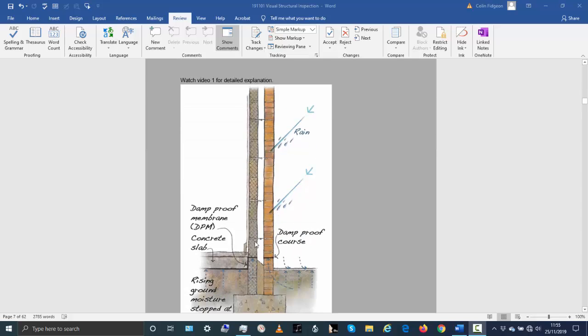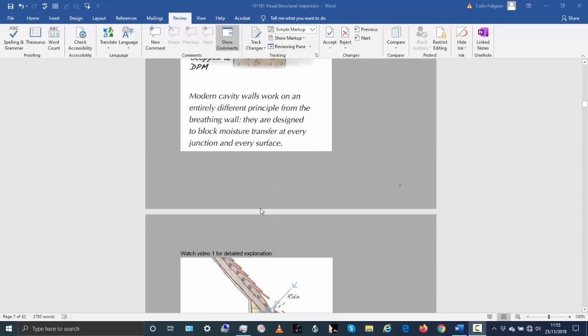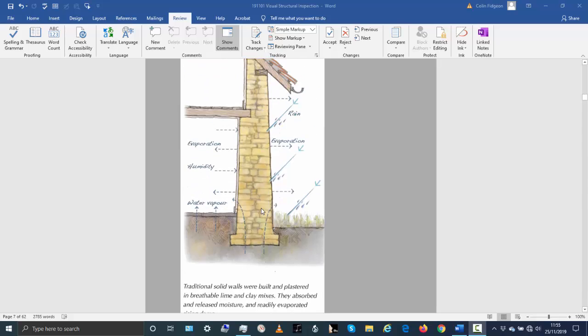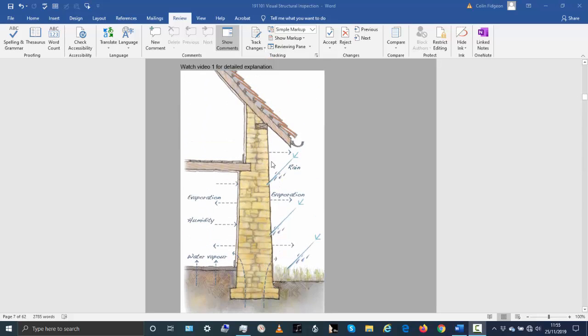This is a more modern construction with a cavity wall. I just want to quickly explain the difference because it's important, because in your property you have an old stone wall and they can be prone to dampness if they're not treated correctly.